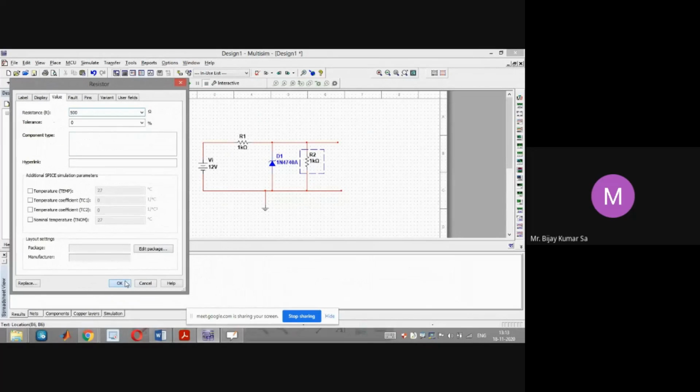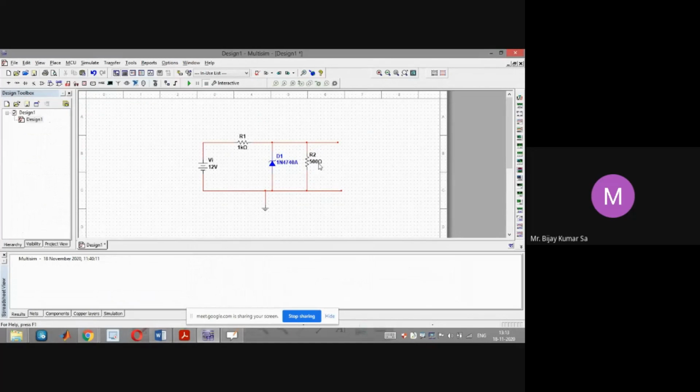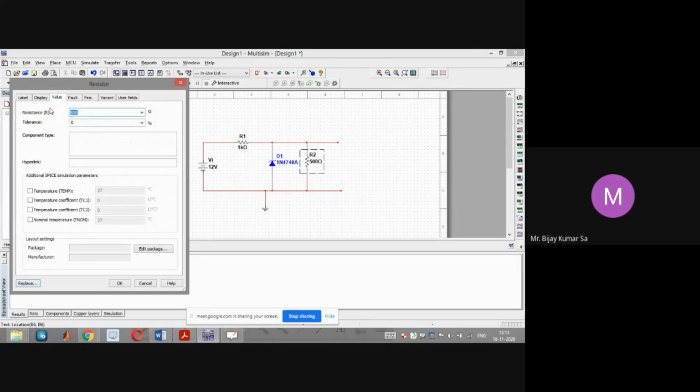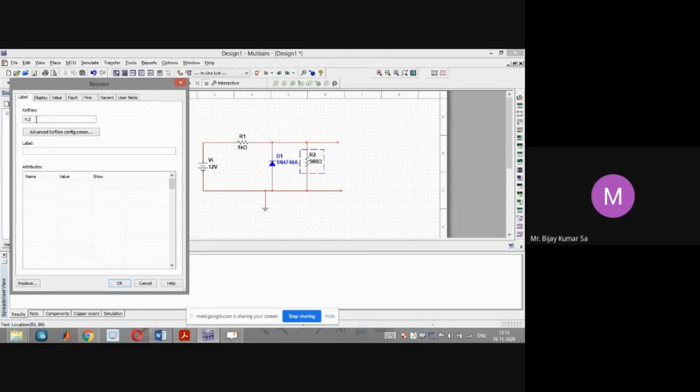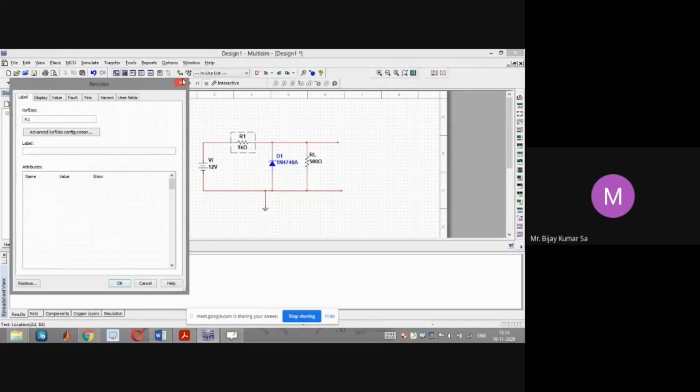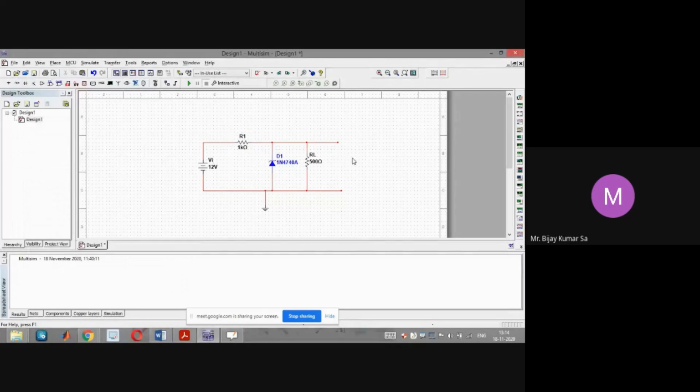Okay. My load resistance is 500 ohm. To make it more relevant, let me change the name to RL, because this is a load resistance. Okay, this is current limiting resistance. Let it be named as R1 only.